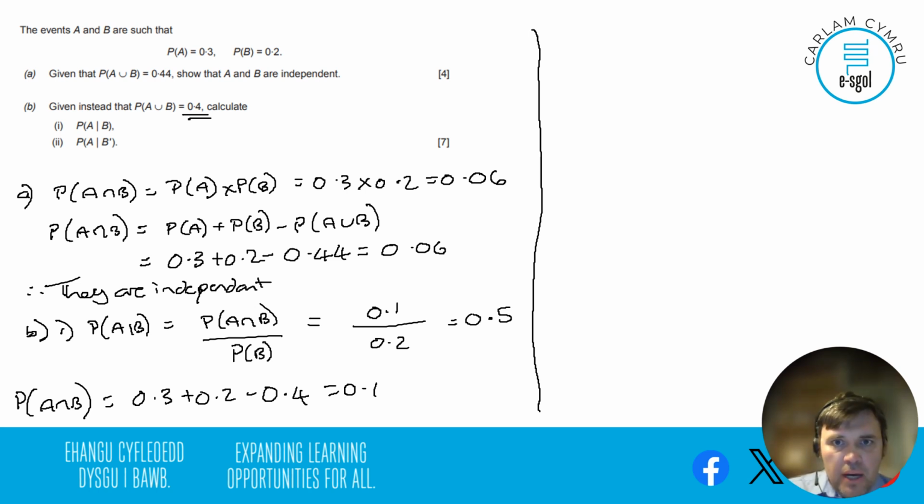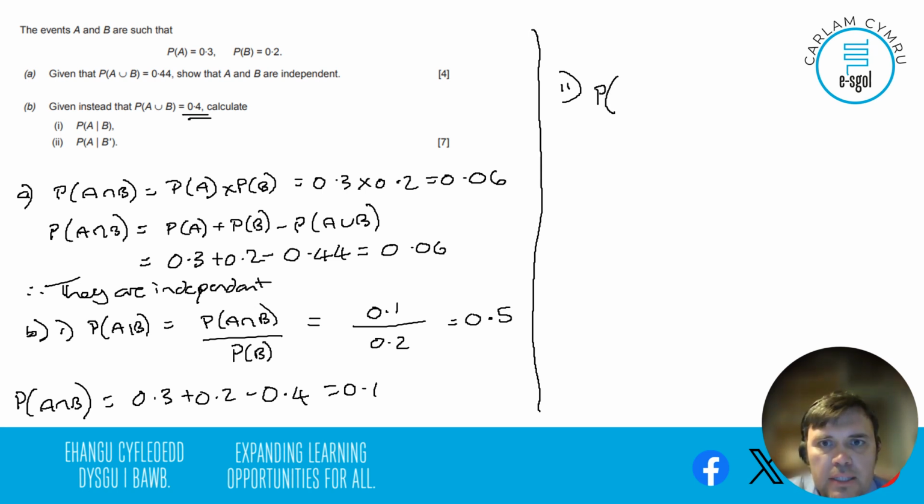And then for part 2, so part 2 says, what is the probability of A given not B? Sorry, I've got all my calculations on my sheet. There you go. So again, I would start with a formula.